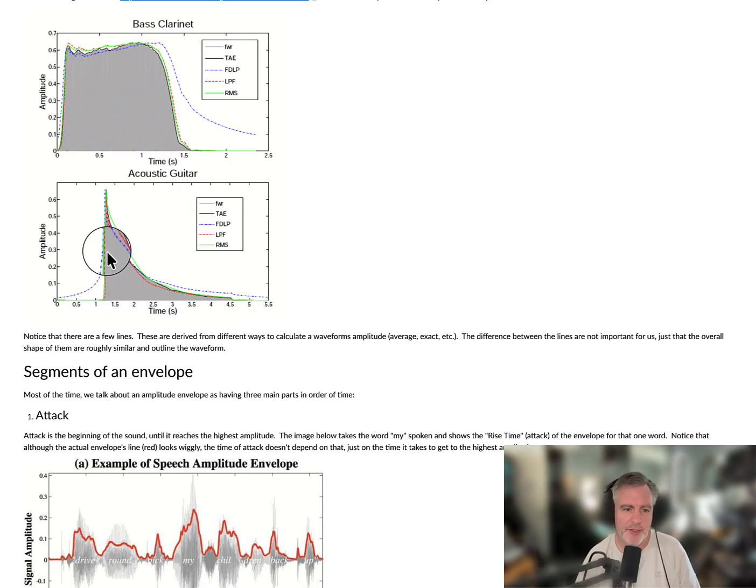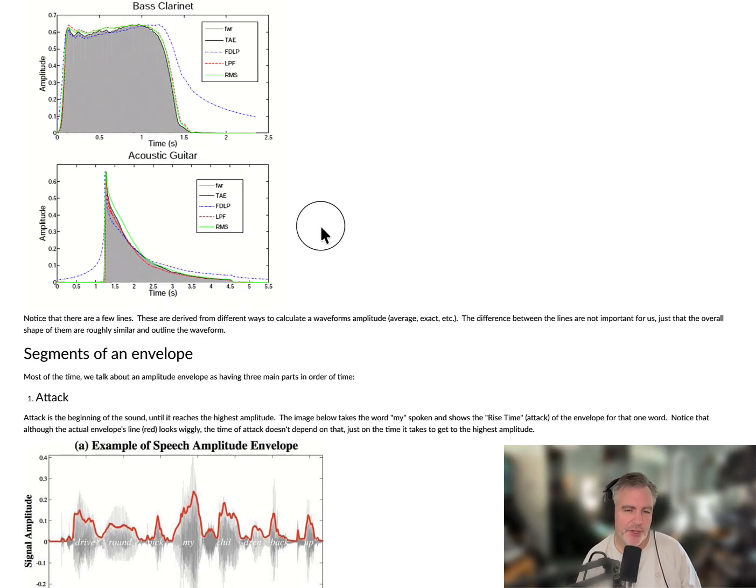The bass clarinet and the acoustic guitar both have a very quick attack, you can see. The bass clarinet has a sustained center or steady state. The acoustic guitar has zero steady state. As soon as I excite the string by striking it, hitting it, plucking it, whatever, it starts to die away and decay. So we have this decay on this.